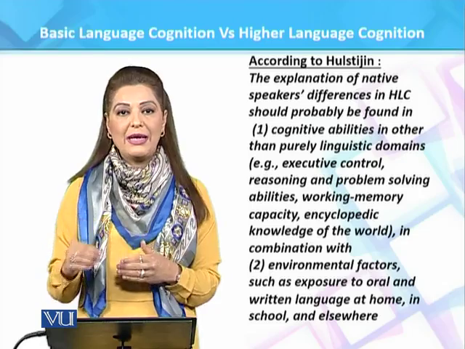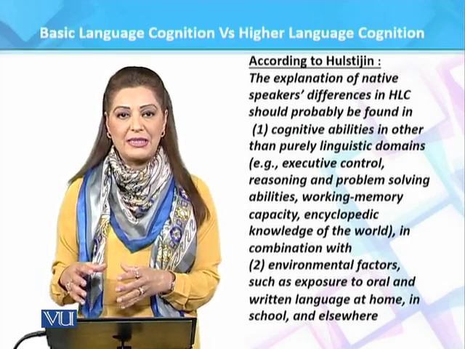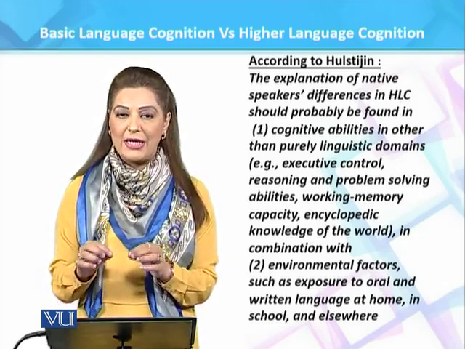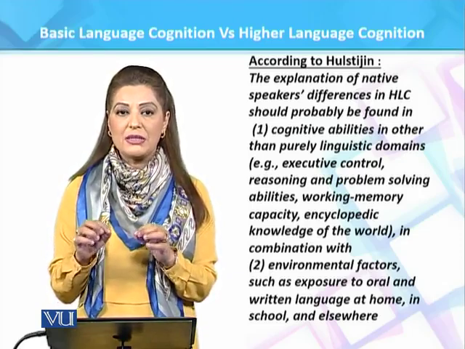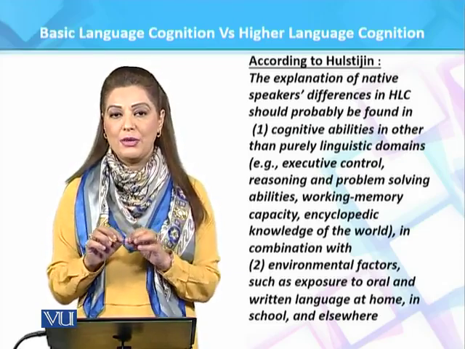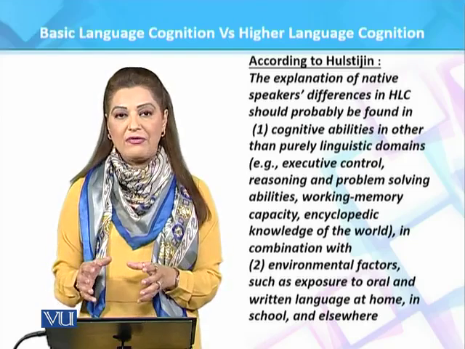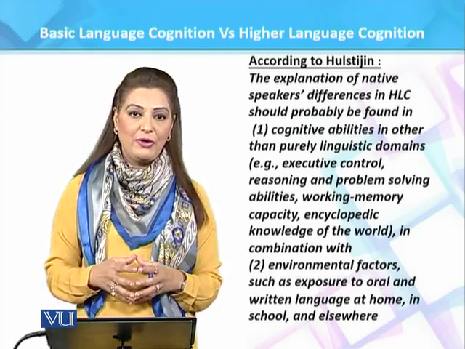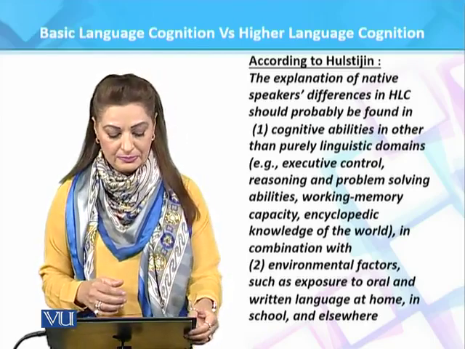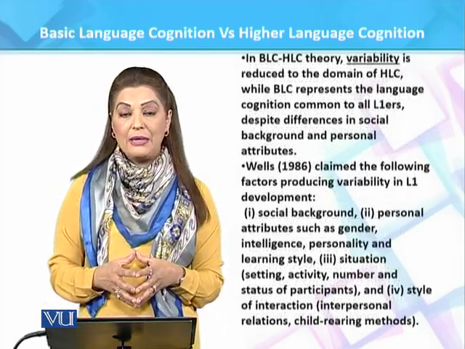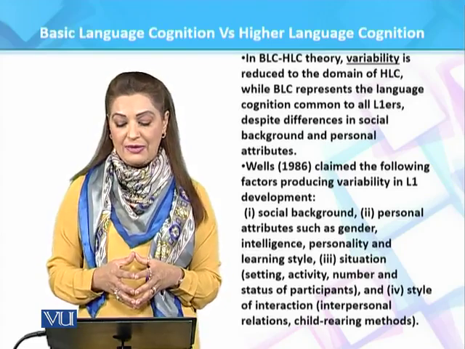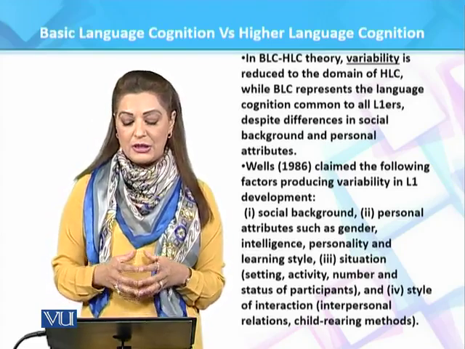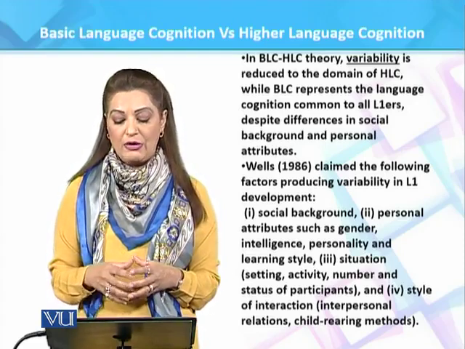So, when we include environmental factors, we see that it is not only confined to the cognitive abilities which are purely linguistic based. All these environmental factors are out of the domain of the linguistic framework. In BLC, HLC theory, variability is reduced to the domain of HLC.